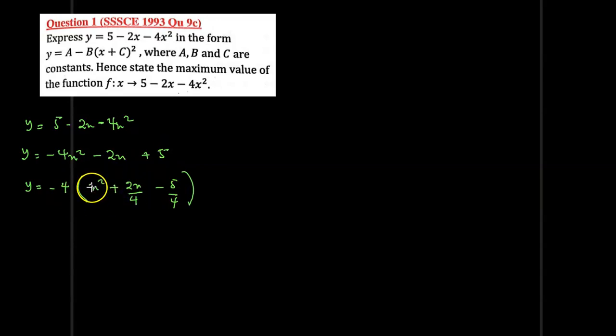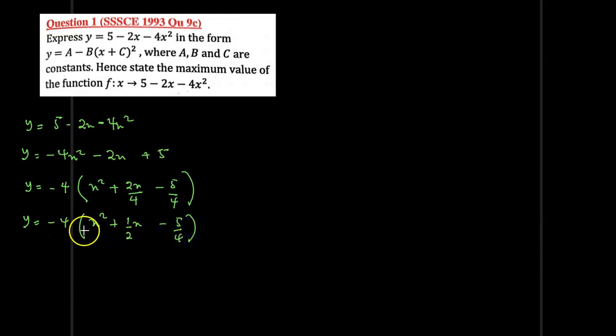So that's how the factorization needs to be applied. So we need to make the expression x squared plus 2x on 4, or half, a perfect square. Let me reduce it and make it that. So y equal to minus 4 into bracket x squared plus half x, then minus 5 on 4.